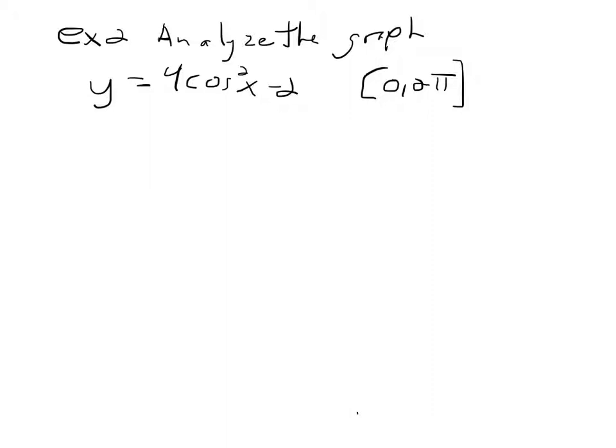In example 2, we want to analyze the graph of y equals 4 cosine squared x minus 2. And this is important because, once again, we can practice pulling out a GCF. And my GCF is 2. If I factor out a 2, I'm left with y equals 2 times 2 cosine squared x minus 1.